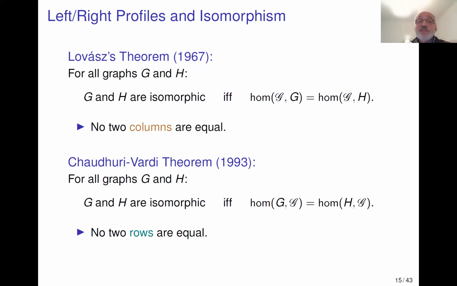What is nice about these results is that they relate the notion of isomorphism to the notion of homomorphism count. In some sense, this tells you that the left and the right profiles of a graph are invariants of the graph for isomorphism, except that they are infinite invariants. They are infinite objects. They are not finite vectors. They are infinite vectors. Any questions so far?